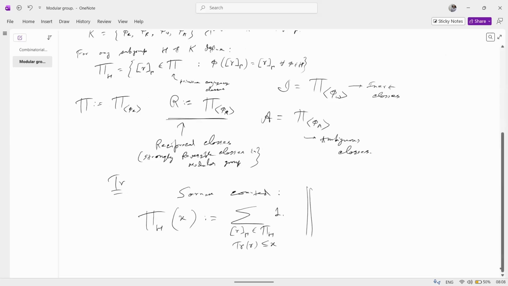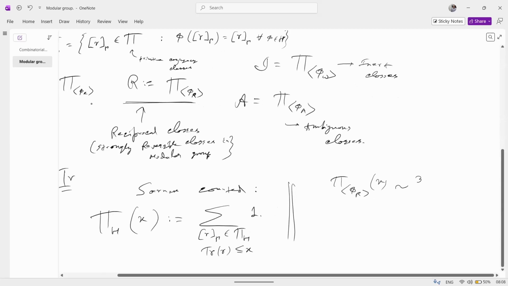I would not give all the asymptotics here, but in particular, for example, for the reciprocal class, Sarnak proved that this is 3/8 x.